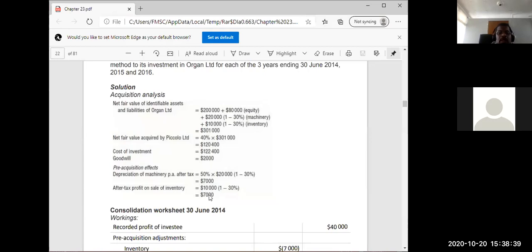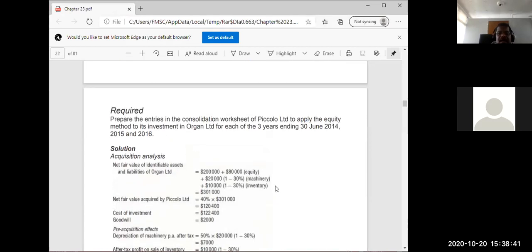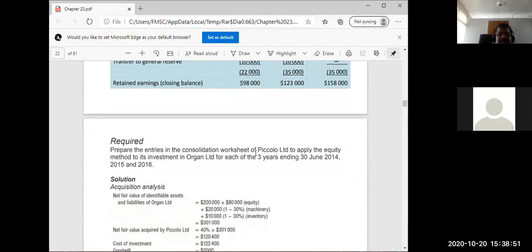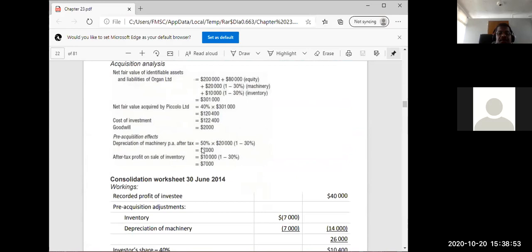What I want to communicate is that the 40,000 profit which is recorded by the investee, that is Organ, has to be adjusted for these two entries.